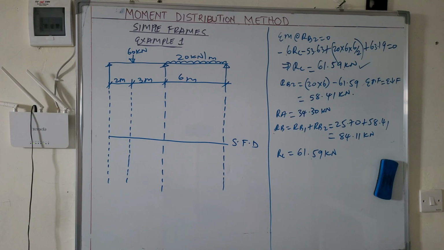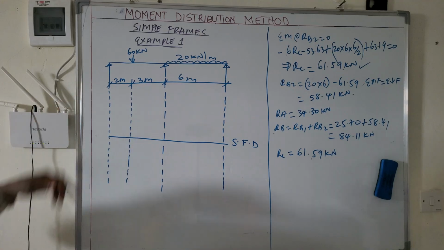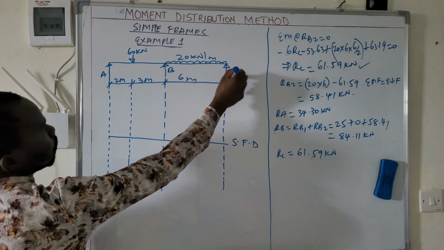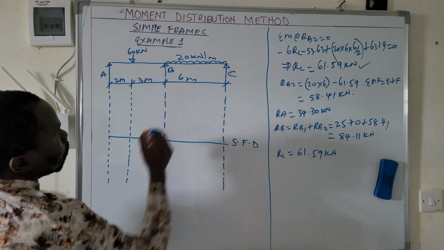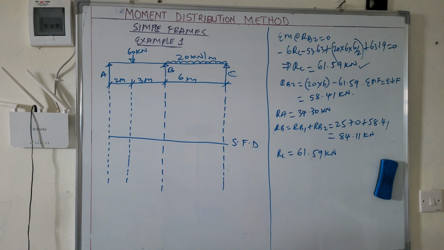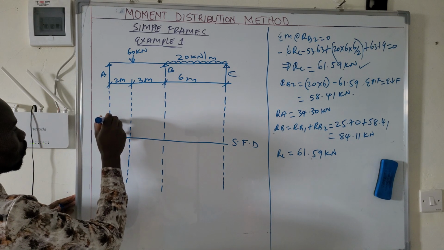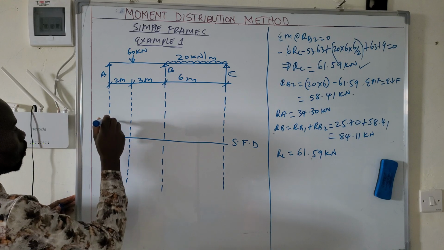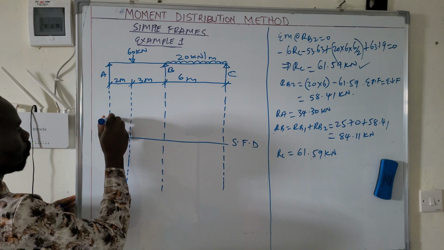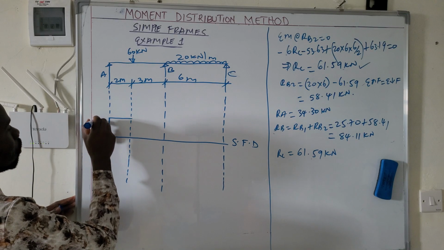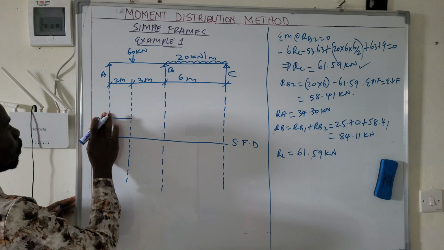So we have at A, this is A, this is B, and this is C. So at A, we have reaction at A, we have 34.30. So we'll approximate along this line. So that is 34.3.